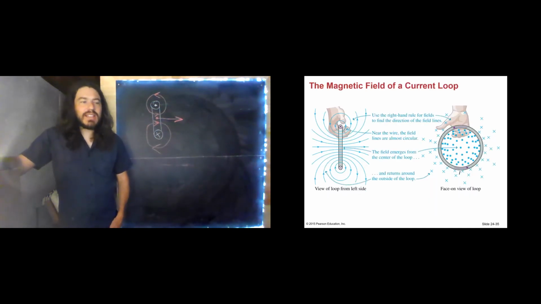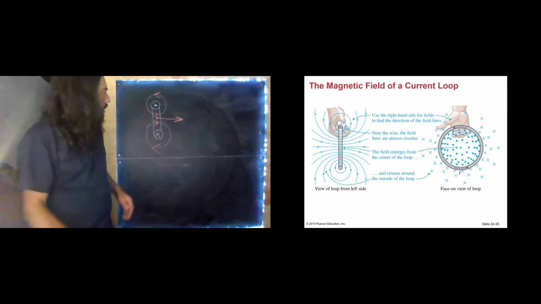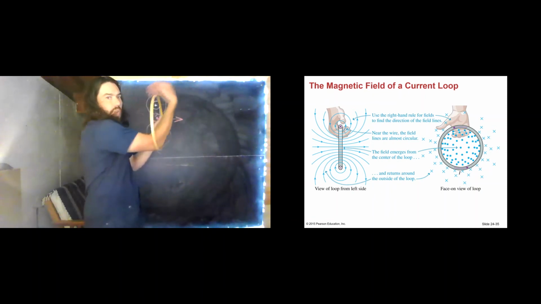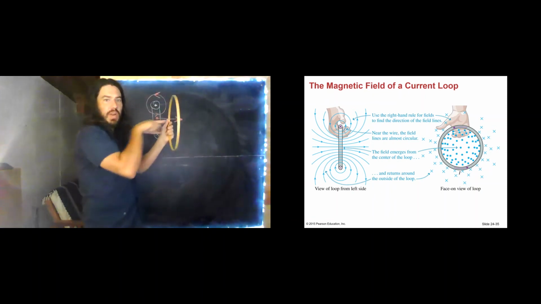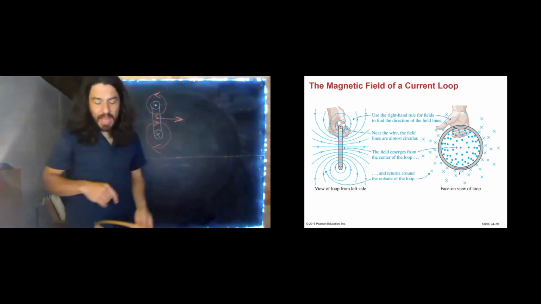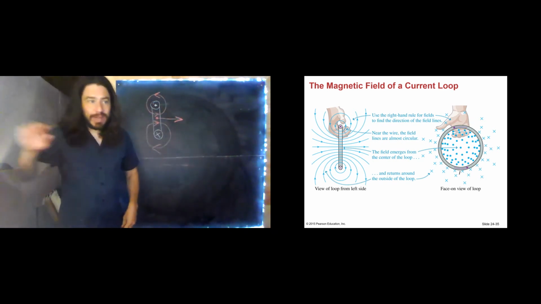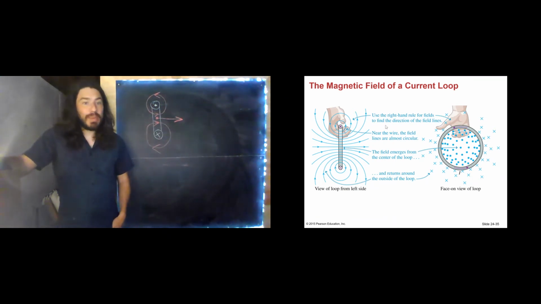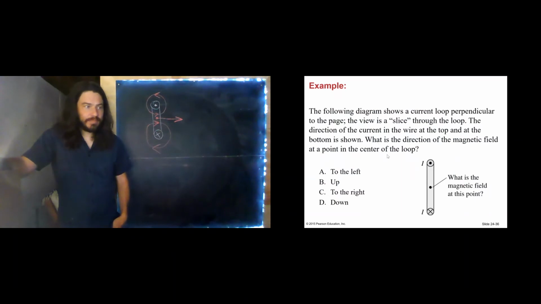Notice that on the inside of the loop, the field is all in the same direction. So once I've figured it out on top or on bottom, it is the same everywhere in the loop. The magnitude is not necessarily the same, but the direction is the same everywhere on the inside, and the direction is the same and opposite everywhere on the outside.